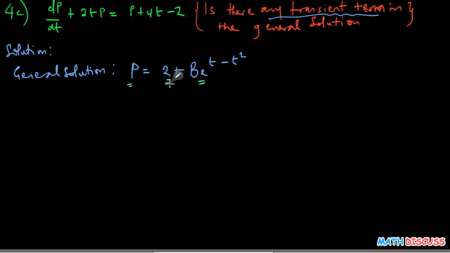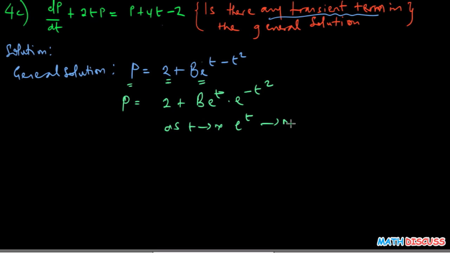Now if you look at this, this 2 is actually constant, so it's not diminishing as t tends to infinity. But what we have here is the same thing as p equals 2 plus b e to the power t times e to the power negative t squared. As t tends to infinity, e to the power t also tends to infinity, but e to the power negative t squared tends to 0.